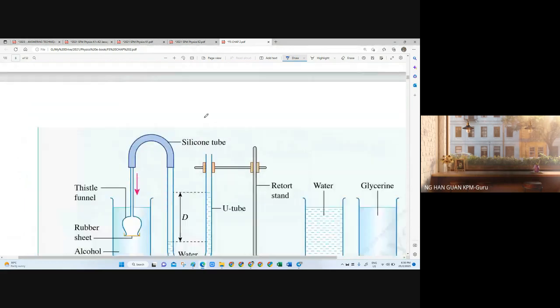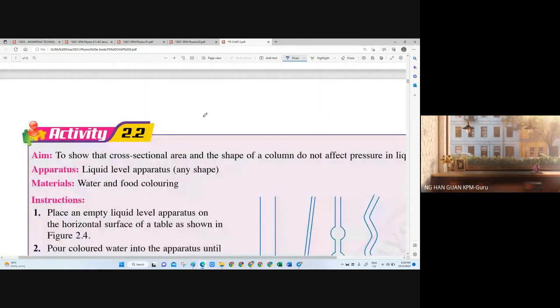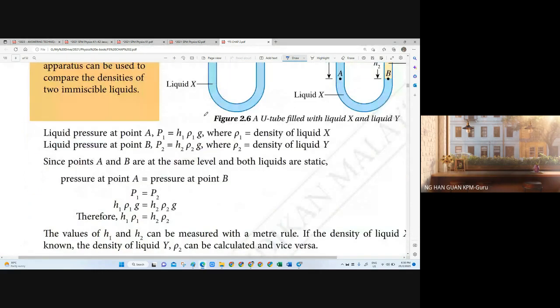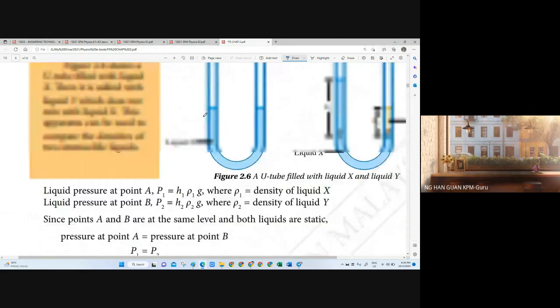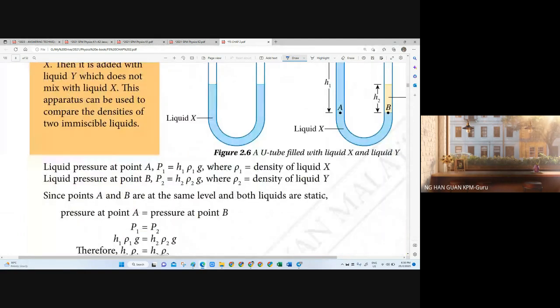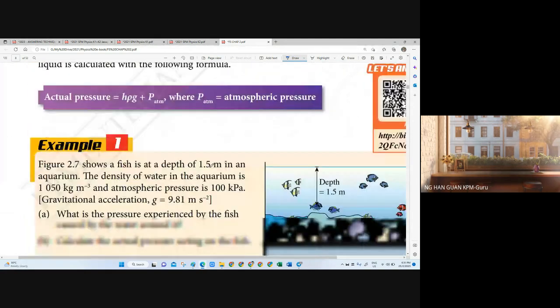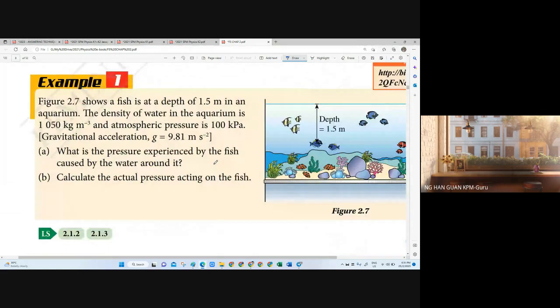All right, so let's see an example. What is the pressure experienced by the fish caused by the water around it? It's mentioned very clearly: caused by the water.